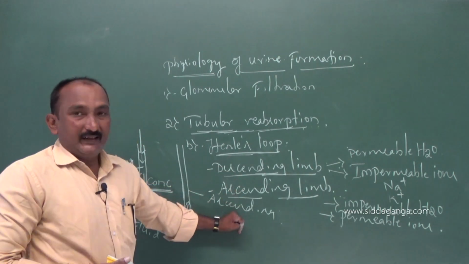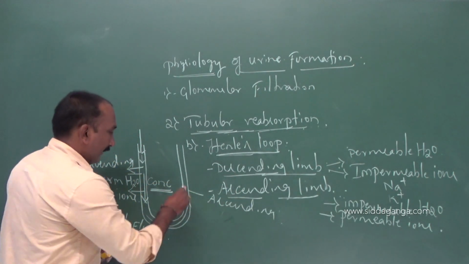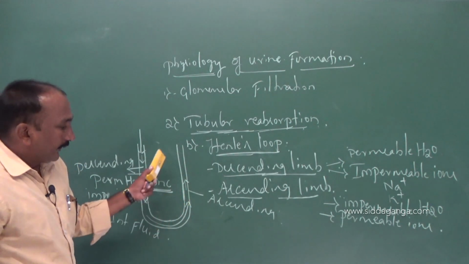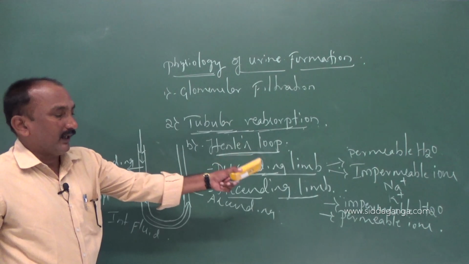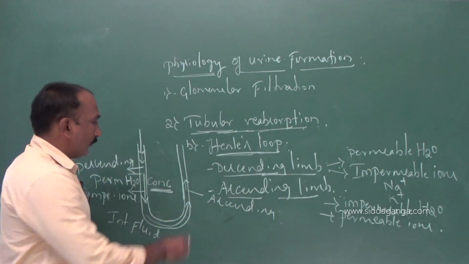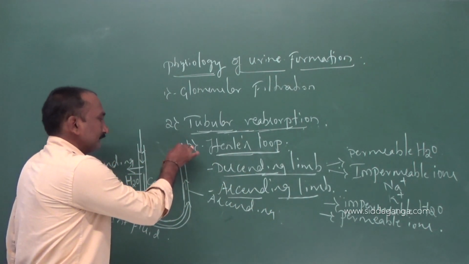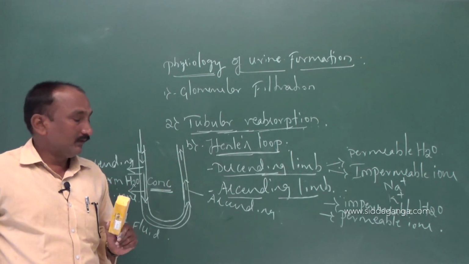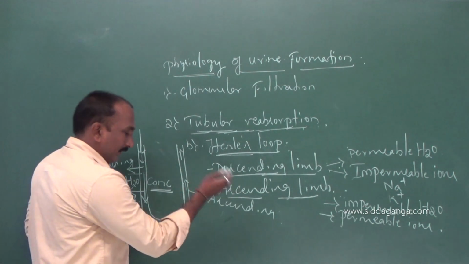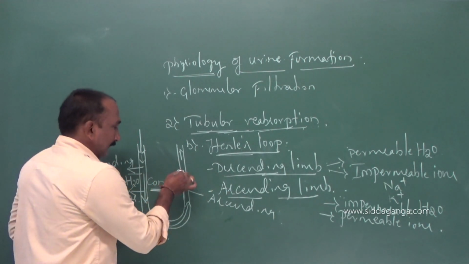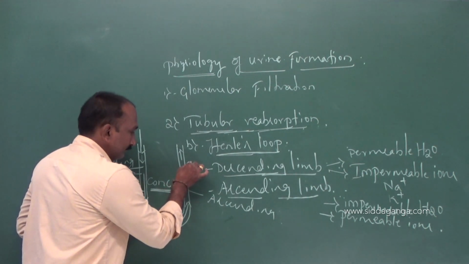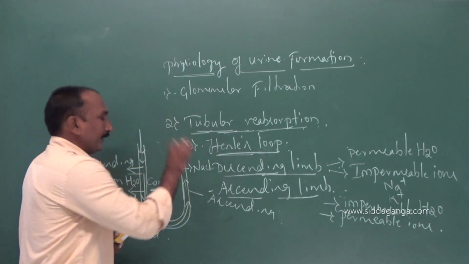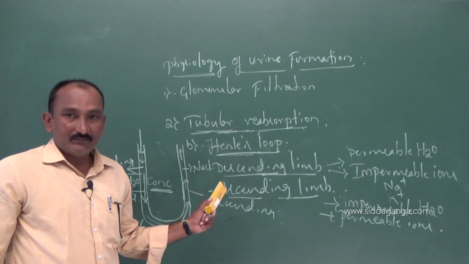Because of this nature, while the filtrate moves through the ascending limb, which is impermeable to water, the water will not be reabsorbed into the interstitial fluid, while it is permeable to the ions. So some of the sodium ions will be reabsorbed.